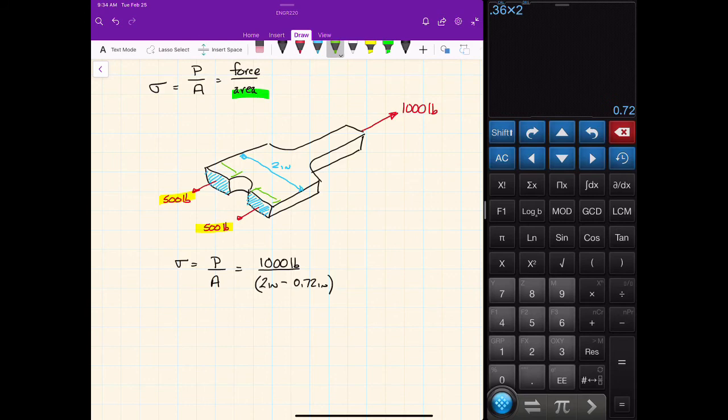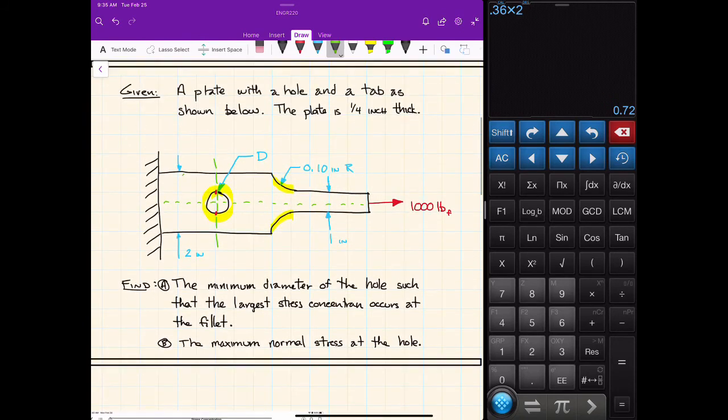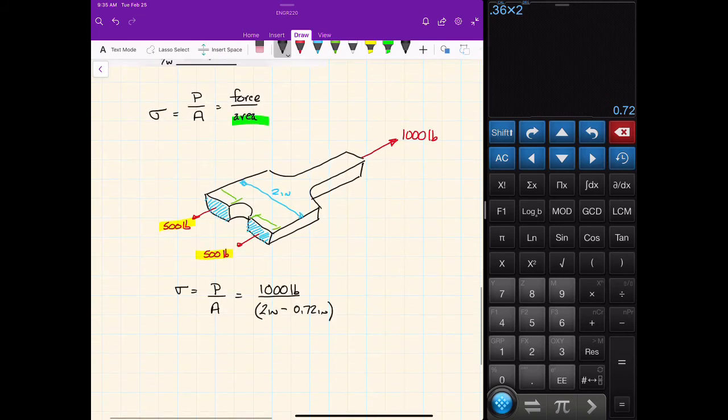And then we need the thickness. Now, in the problem statement, it told us the plate is 1/4 inch thick. So the plate is 0.25 inches thick in, well, we were using blue, this direction. So multiply that term by 0.25 inches. And all of that's in the denominator.